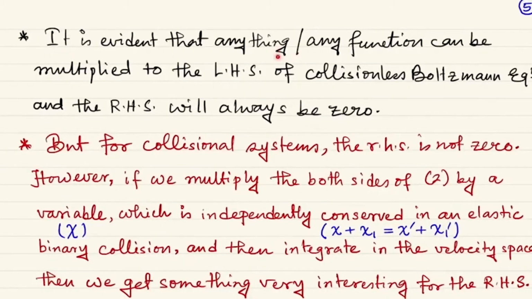It is evident that any function can be multiplied to the LHS of the collisionless Boltzmann equation, because the RHS will also always be 0. That is easier to handle, because the collision integral itself is not a very simple quantity.